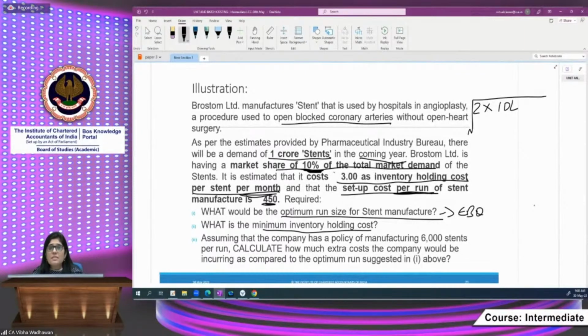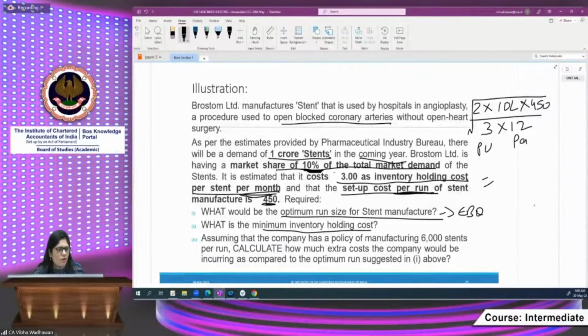For this company, it's 10% of the entire market demand, into how much is the setup cost per run? It's 450, divided by inventory holding cost per unit per annum you want. And in the question, it's given per unit per month. Multiply by 12. It's always per unit per annum.